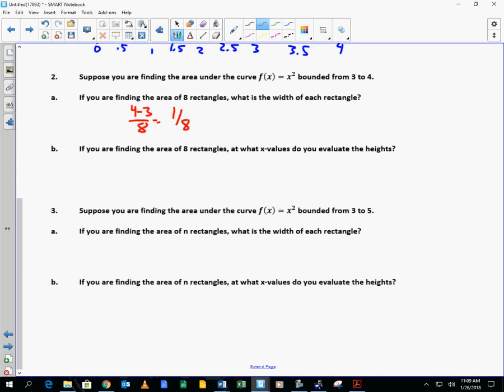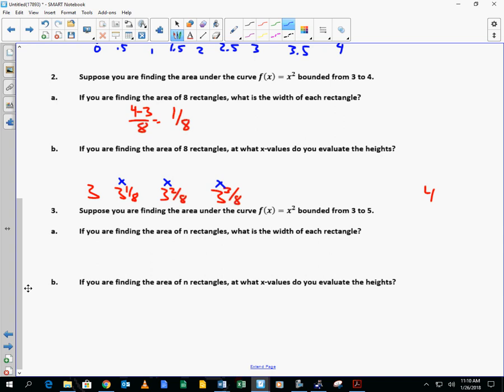So I'm going from 3 all the way over to 4. Where do you evaluate the first height? 3 1/8, and then 3 2/8, and then 3 3/8, so on and so forth, right? So you don't evaluate the first height at 3, but rather at 3 1/8, 3 2/8, 3 3/8.